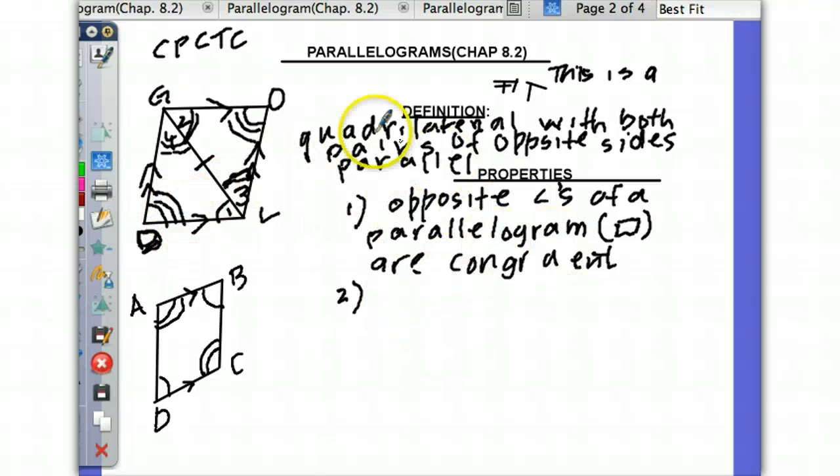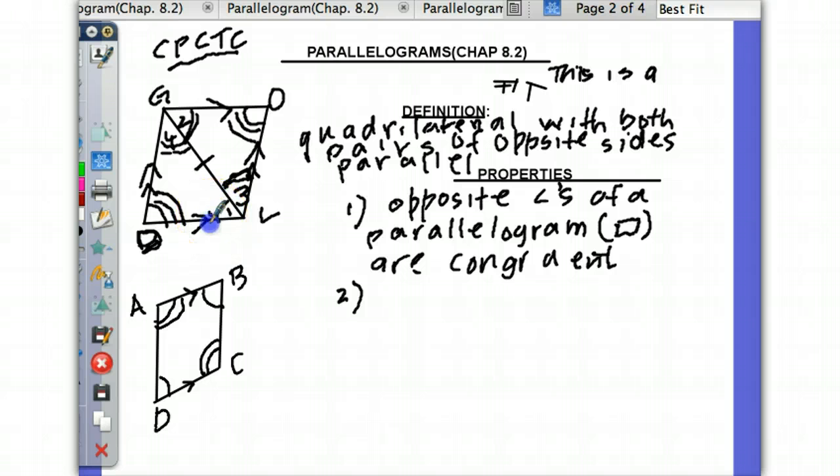Are there any other matching parts which would have to be congruent to each other? Angle O and angle D are congruent. Any other matching parts would have to be equal to each other, since the two triangles are identical twins. What do you see?